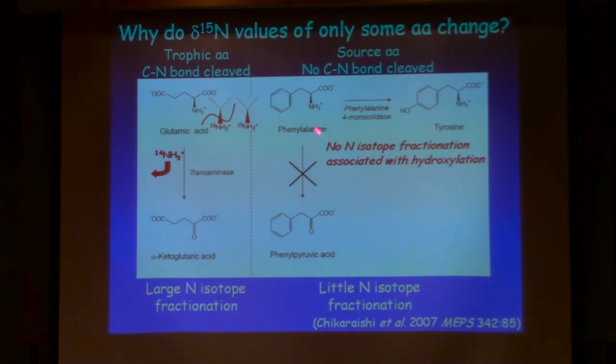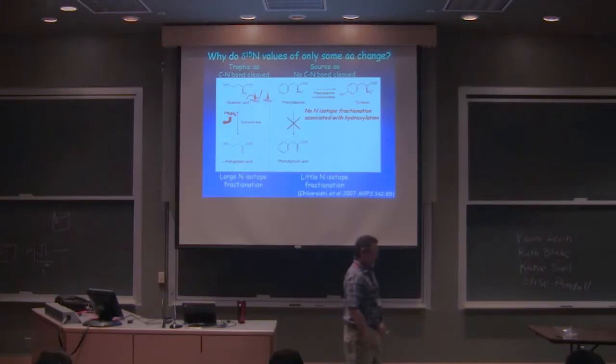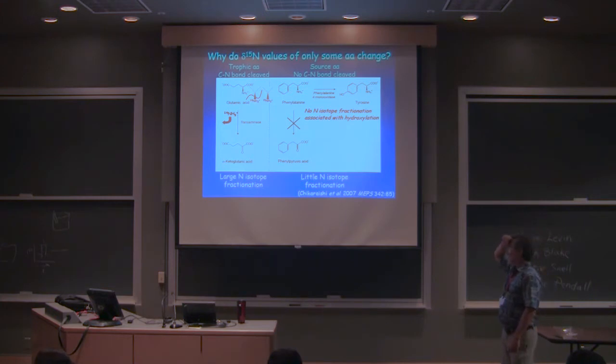So we would expect constancy in its isotopic composition with trophic transfer. There is no equivalent of alpha-ketoglutaric acid, so it doesn't undergo an exchange of its amino nitrogen very much in an organism.